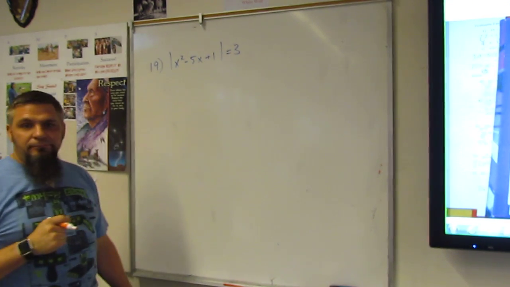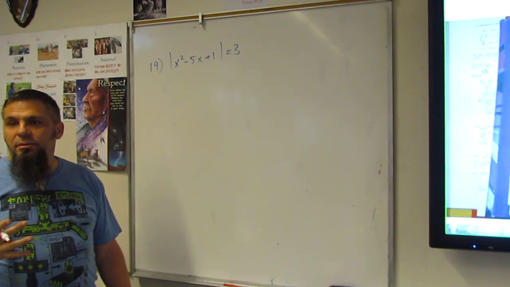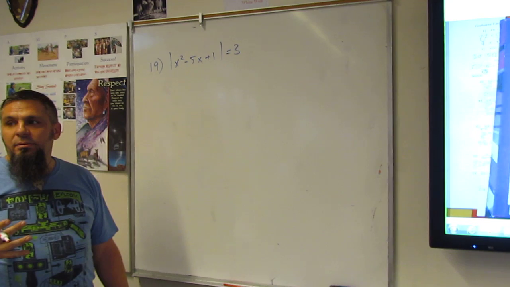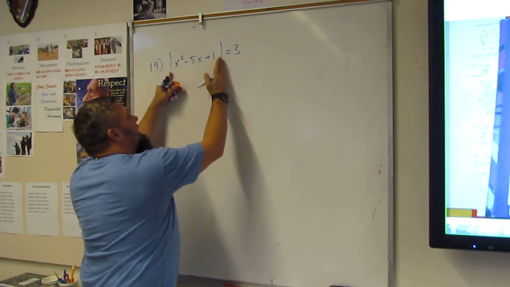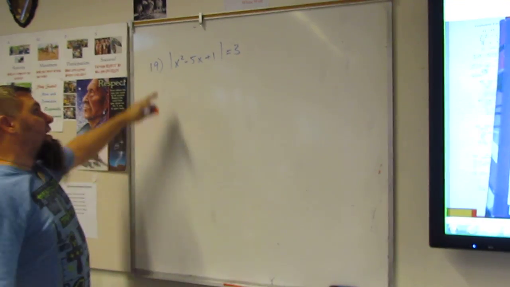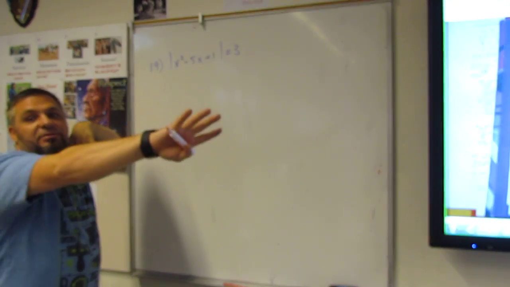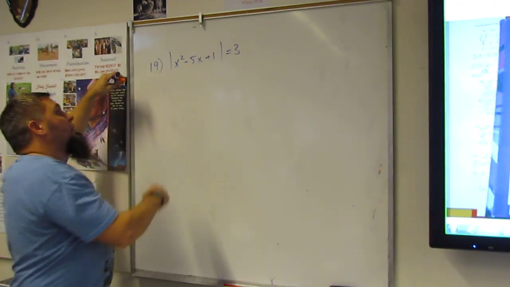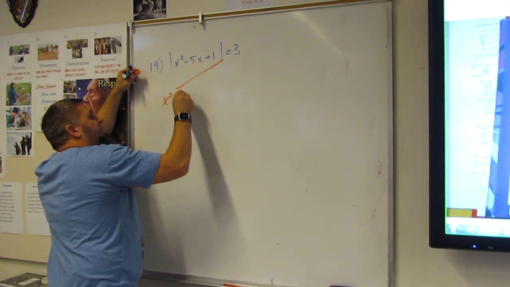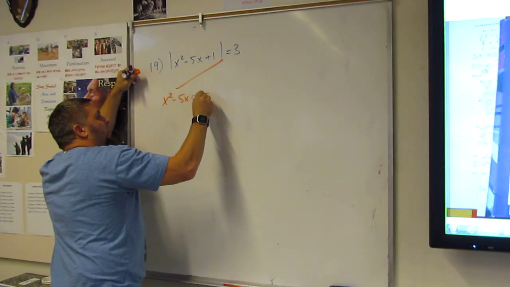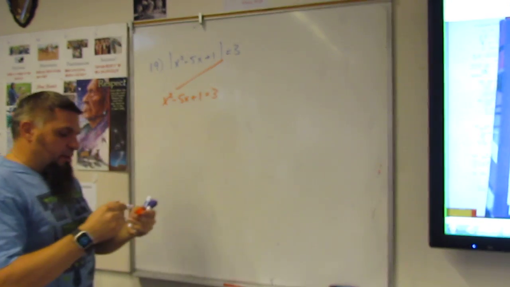Ready? What do I do? Separate them. Separate them. As long as this is by itself, I can separate them. If I were adding anything to this, I'd have to move it to the other side, okay? So, I can bring it over. X squared minus 5x plus 1 equals 3. Okay? Then what?